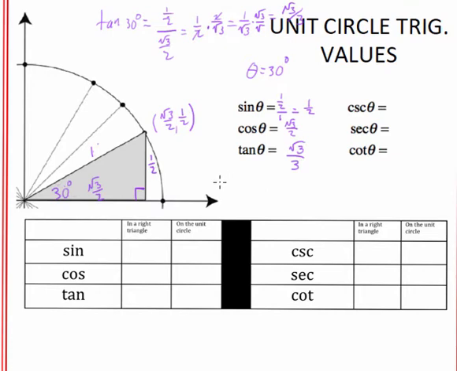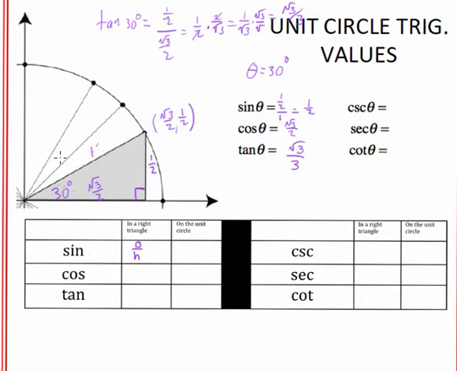All right, let's talk about this table right here for a second. In a right triangle, the sine of an angle is equal to the opposite over the hypotenuse. So let me just put O over H. However, look what happened in the unit circle. Every time we do opposite over hypotenuse, the hypotenuse in a unit circle is 1, so it's just going to be the opposite side.